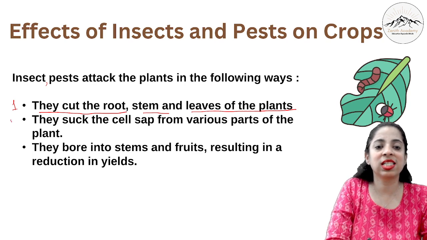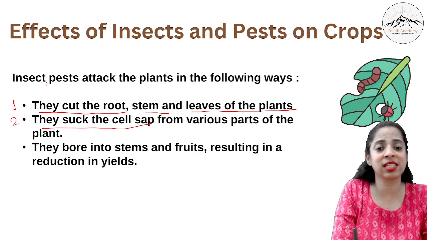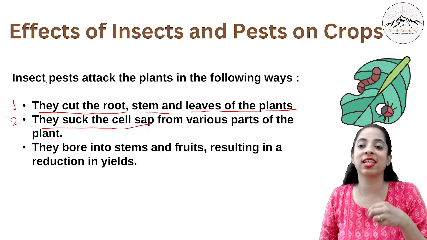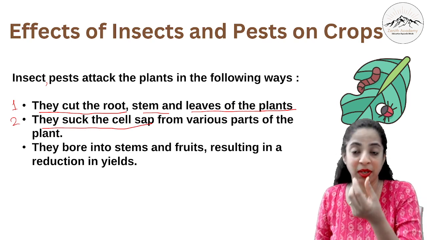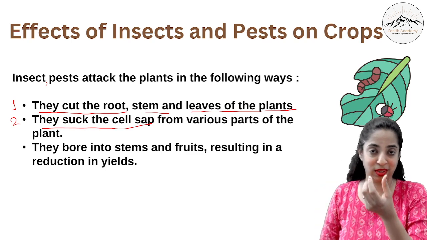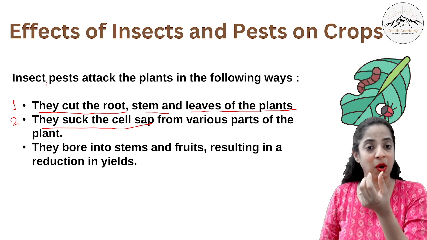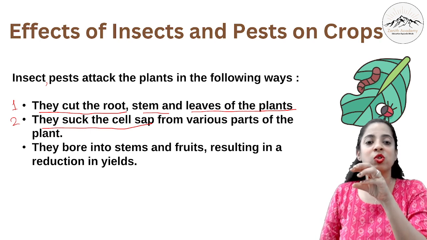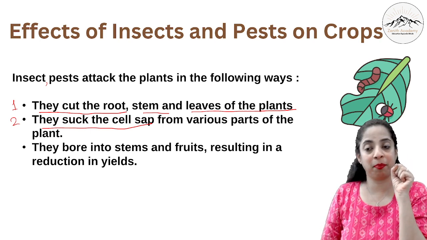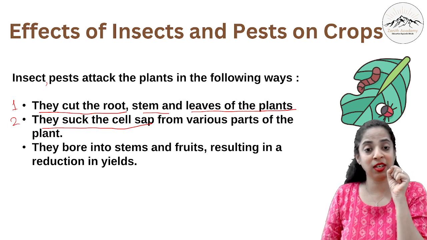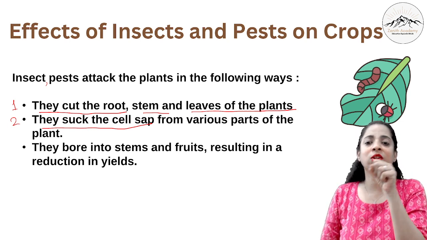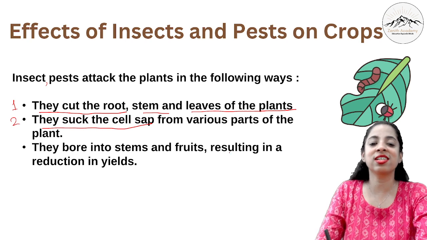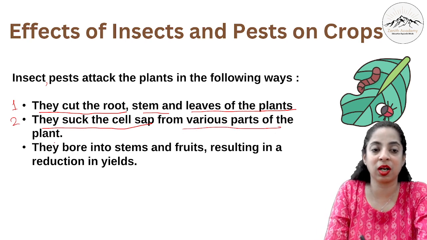Second, they suck the cell sap. We know the cells have sap in them, the liquid part of the cells. We all have studied about this in our first chapter of biology. So they suck all the nutrients. They suck the cell sap from the various parts of the plant.